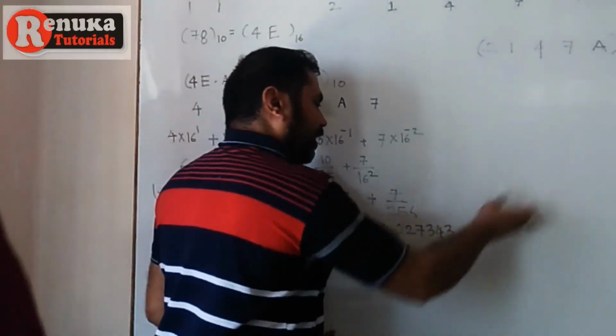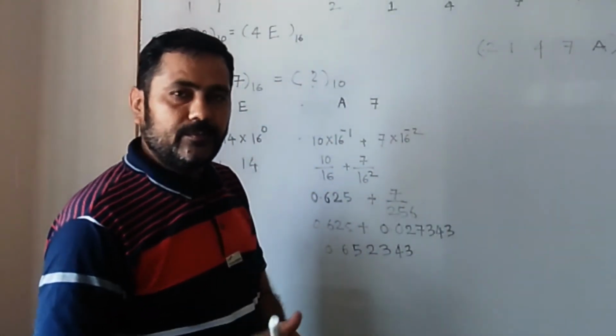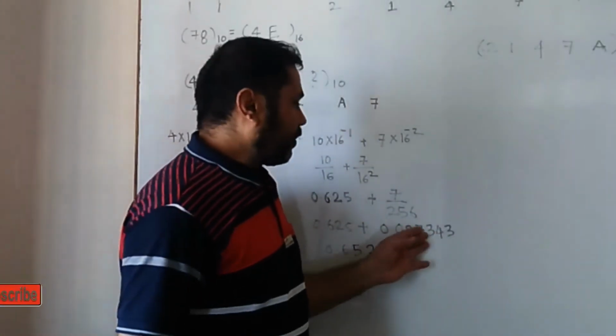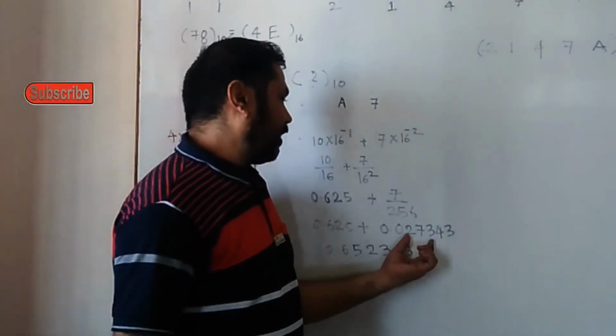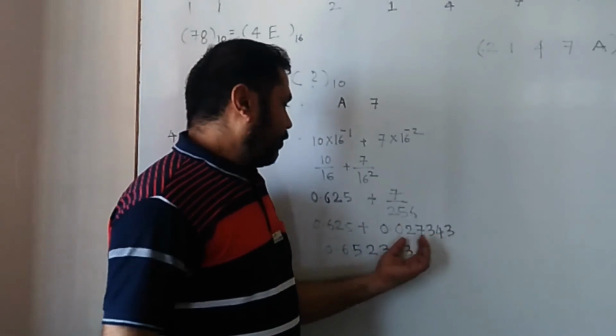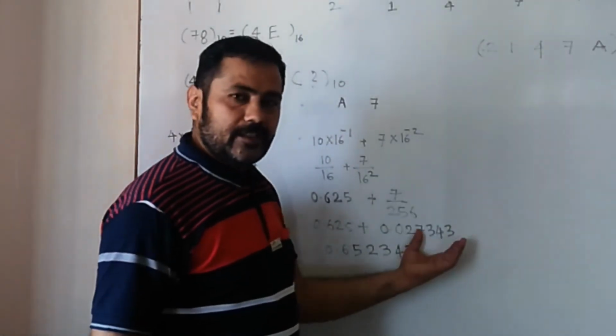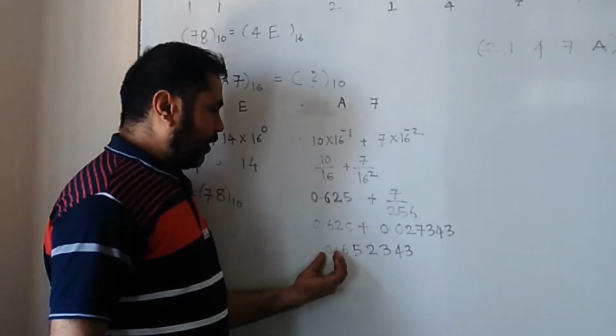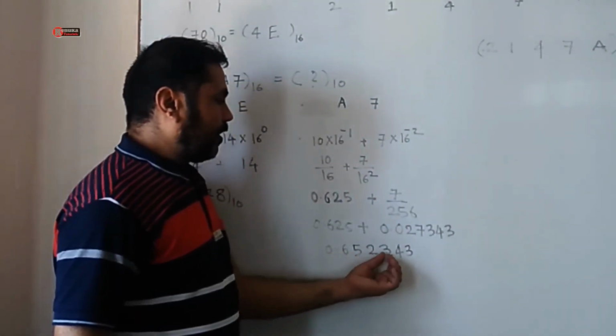0.027343. We can add further digits after the decimal point, but it will have more value, so neglecting the rest, I have taken only 5 or 6 digits here. So the addition of these two was found to be 0.652343.